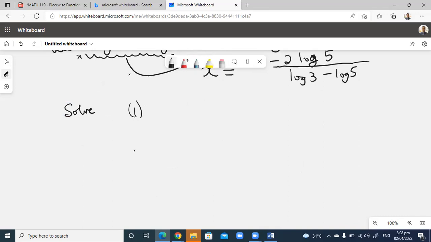I'm giving you 2. The first one is 4 to the power x is equal to 5 to the power x plus 1. And the second one, 3 to the power 2x plus 1 is equal to 2 to the power x minus 2. Solve each of them. I'll give you 6 minutes. Go ahead. We'll correct it. If you have questions, I'm right here.